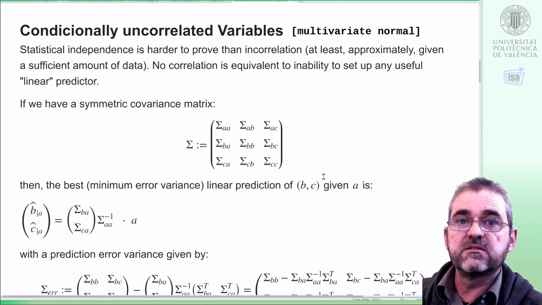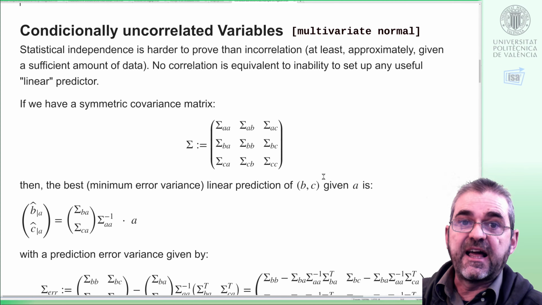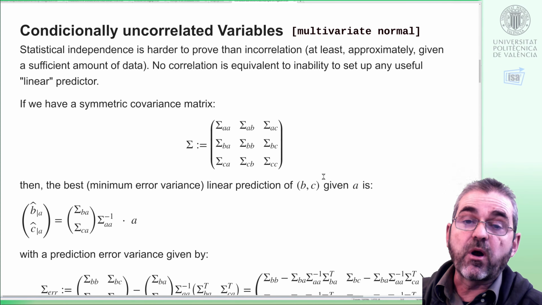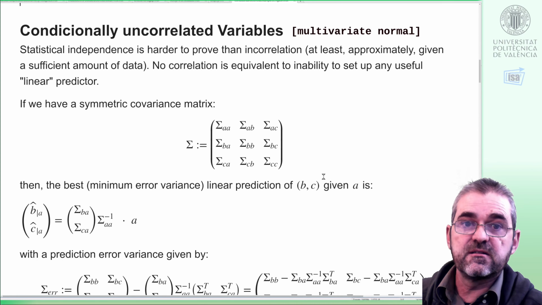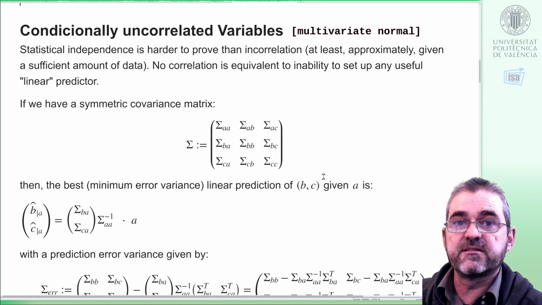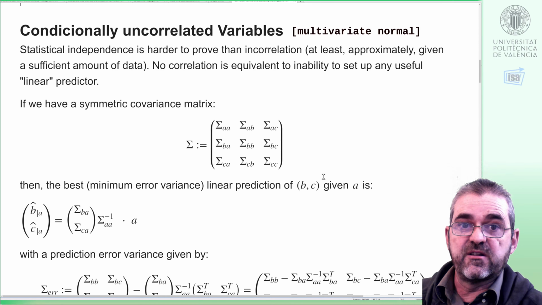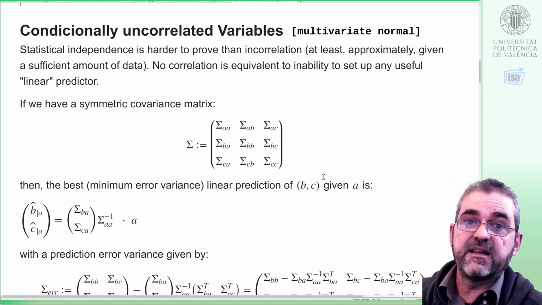Identification of linear models is of paramount importance. Also, statistical independence is harder to prove than lack of correlation, at least approximately. If I get a lot of data and I compute the mean of the product, if it is very low, I may say that these variables are uncorrelated and I cannot make linear predictions of one given the other due to the lack of correlation.